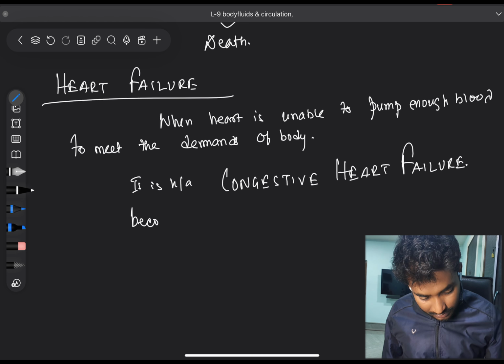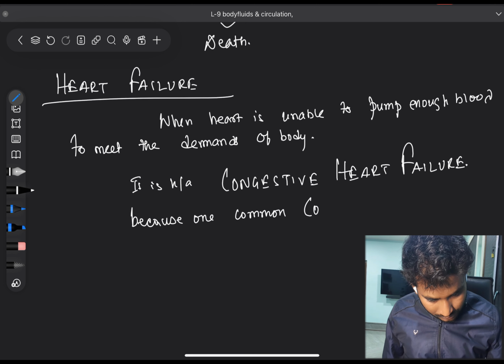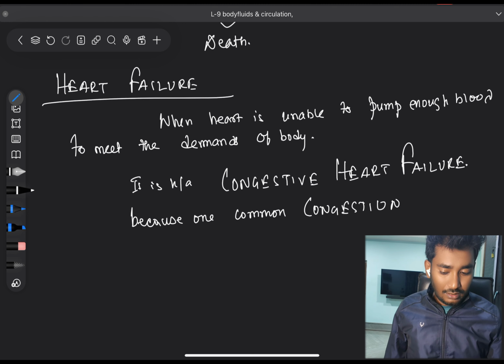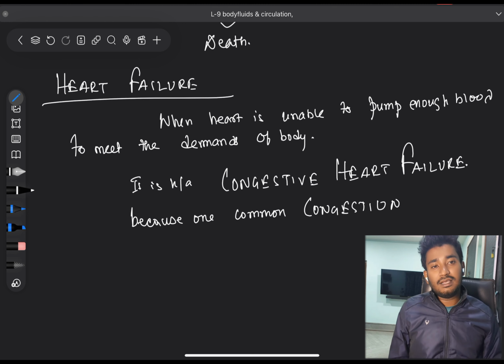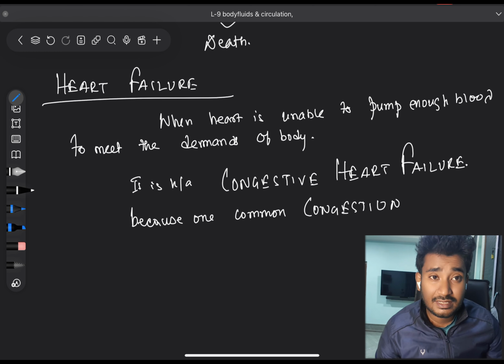Okay, because one common congestion of the lung, that is, if there is a congestion of the lung, there is also accumulation of fluids in the lung, that is, we call this pulmonary hypertension.